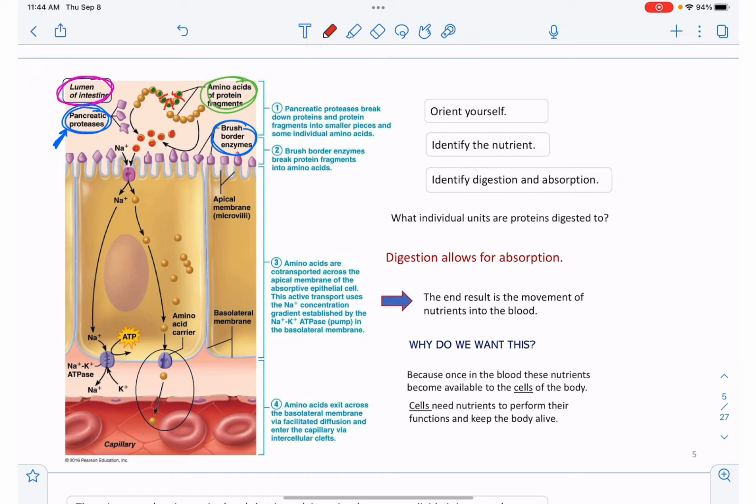But basically what's happening is this amino acid moves across the lining of the small intestine, and then it makes its way into the blood. So there we have the amino acid that moved across the digestive lining into the blood. And that's the whole goal, because the goal of the digestive system is to take nutrients and get them into the blood.